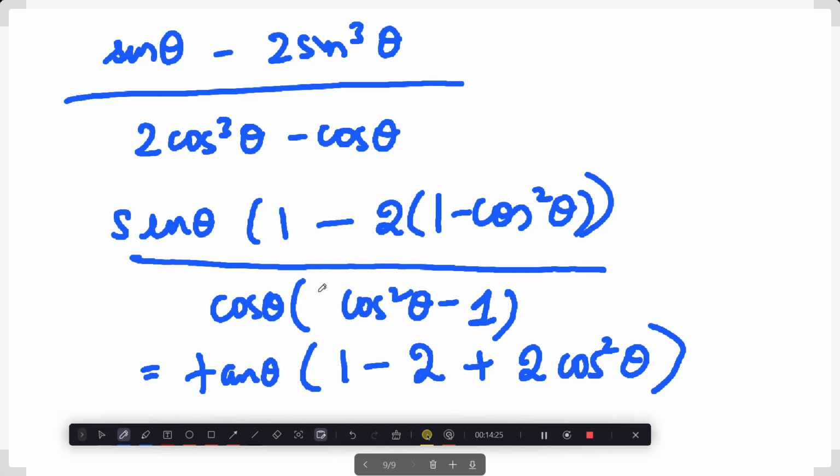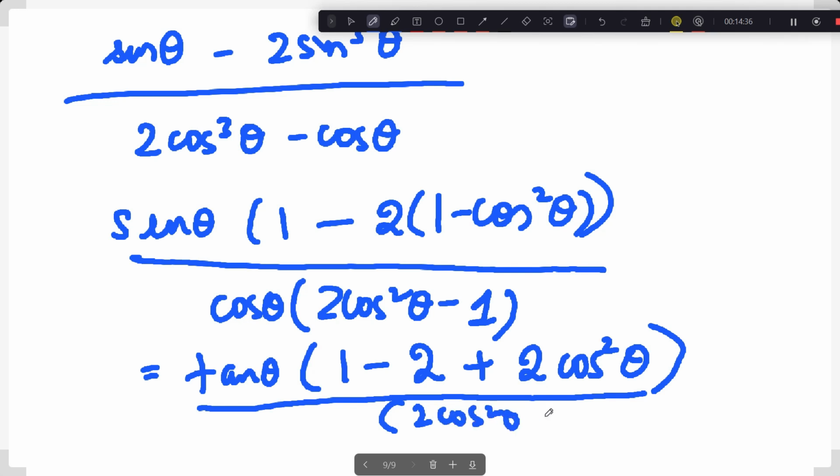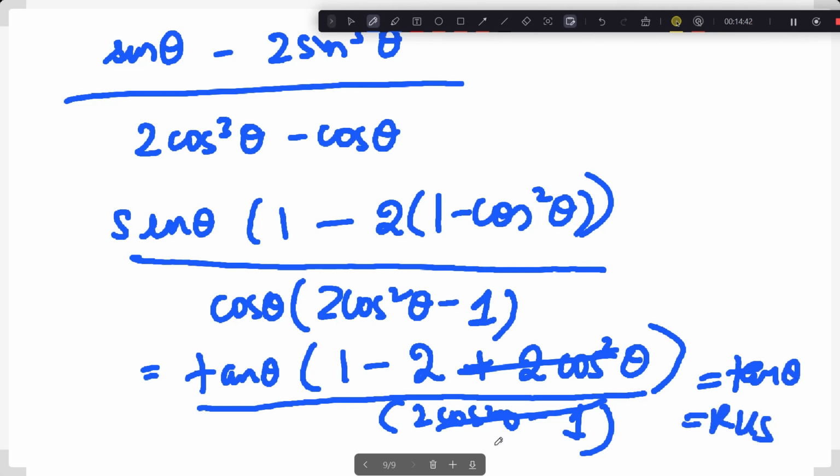Okay, here you've missed this, right? So when we open the brackets, this and this get cancelled, so the answer becomes tan theta, which is equal to RHS. Hence proved.